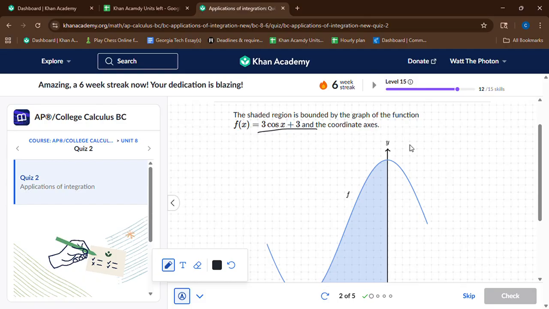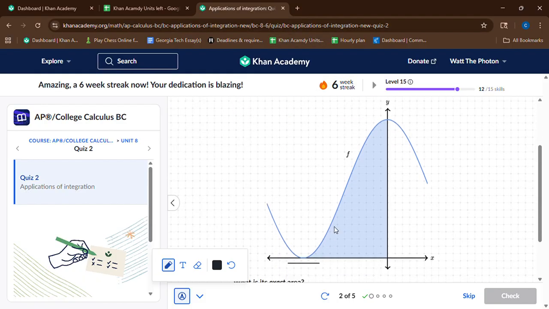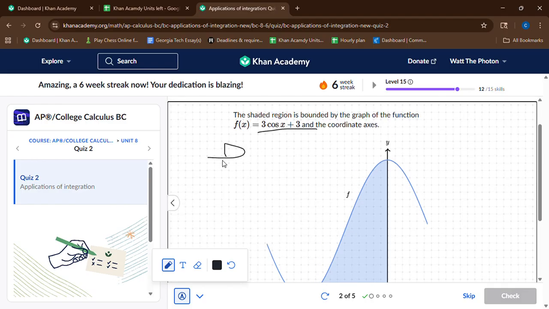So we're going to have the integral where f of x is equal to 0. If we put that at 0, we get 0 equals 3 cosine x plus 3. I want to take out the 3, divide that. 0 equals cosine x plus 1, minus 1, so negative 1 equals cosine x.